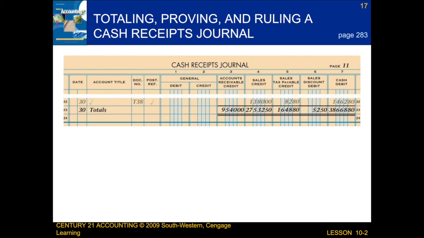And then we calculate the total by simply adding up the general debit column, the general credit column, accounts receivable credit column, sales credit column, sales tax payable credit column, sales discount debit column, and cash debit column. Once all of the totals have been calculated and recorded, we can then draw a double-line rule.